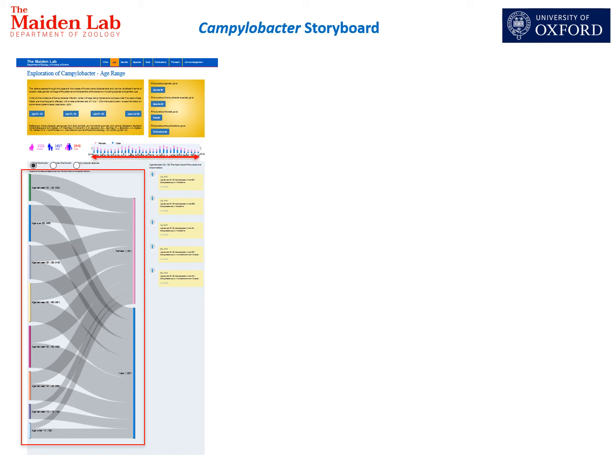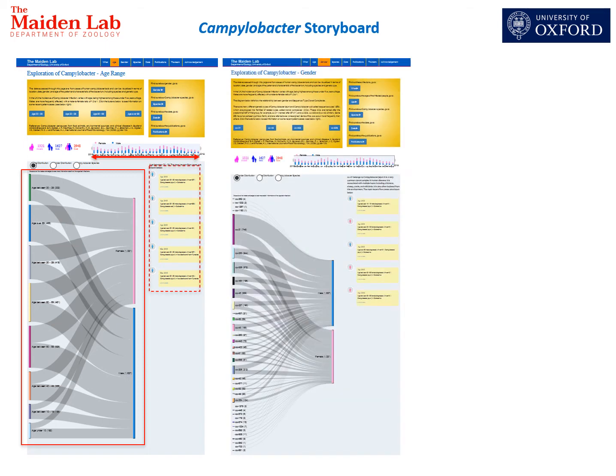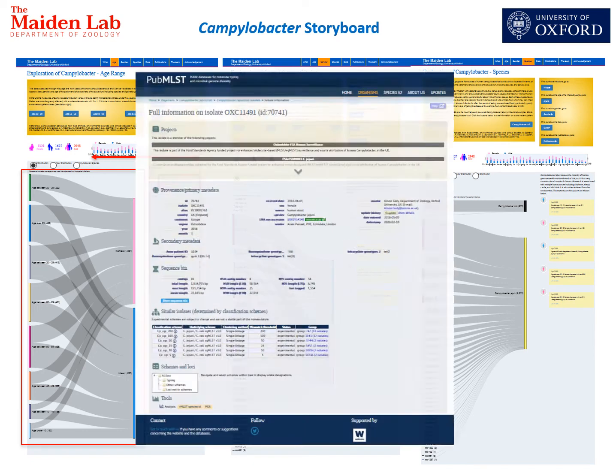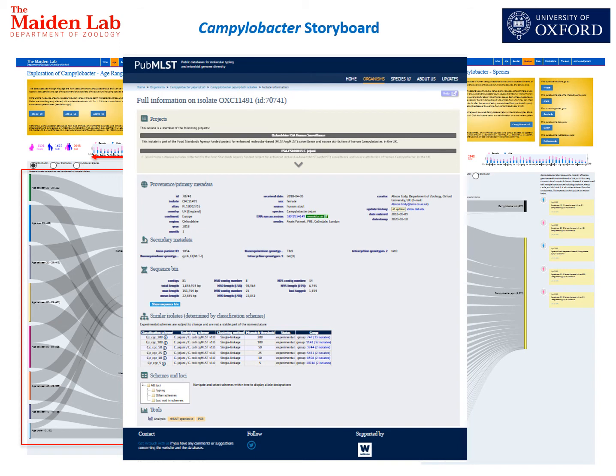By moving and adjusting the time slider, you can see the number of infected males and females during the selected time period, and the most recent 5 cases here. Similarly, you can explore the relationship between clonal complex and the gender, and the relationship between clonal complex and Campylobacter species. Here, clicking on any of the information boxes will take you directly to PubMLST to access the isolate information.